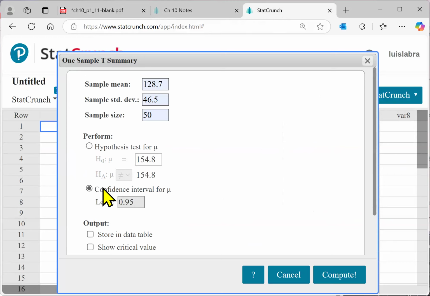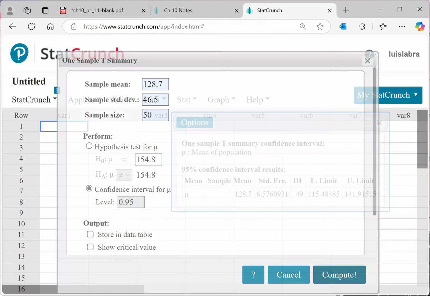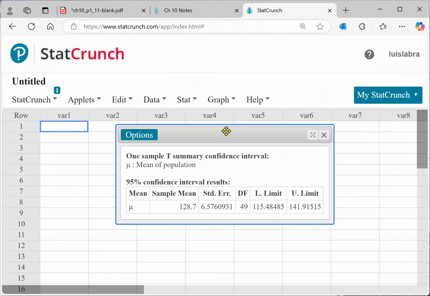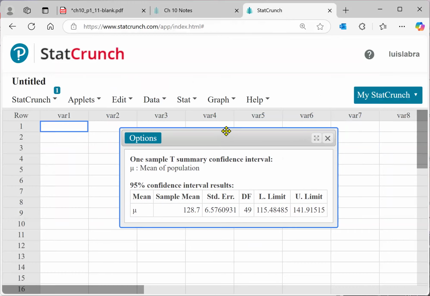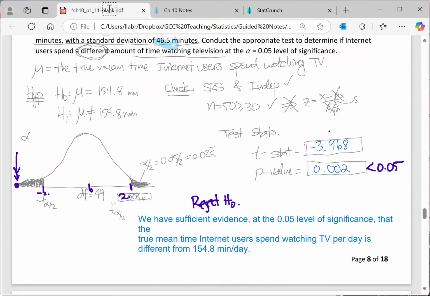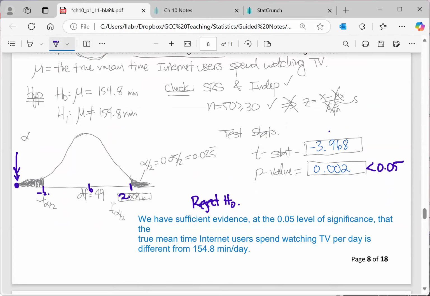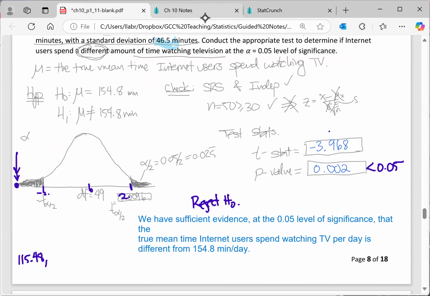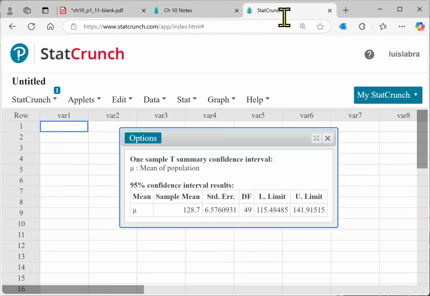So alpha was 5%, so that means what's left over is 95. All right, so 115.48 to 141.92.